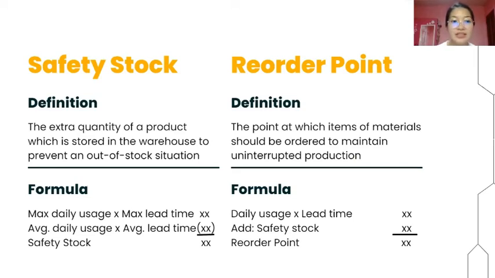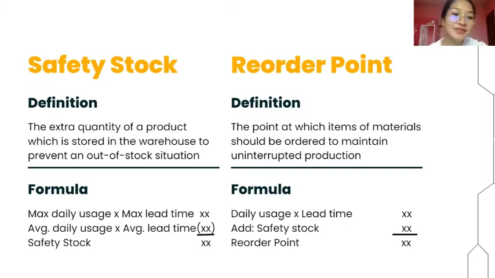So the definition of safety stock is the extra quantity of a product which is stored in the warehouse to prevent an out of stock situation. It is pitiful if stockouts keep happening, because that contributes to losses in the business. So they need to make sure operations continue, and stockouts should never happen. Production would have to stop because we have no stock. You'd practically be fired if that situation arises, because it is such a waste.